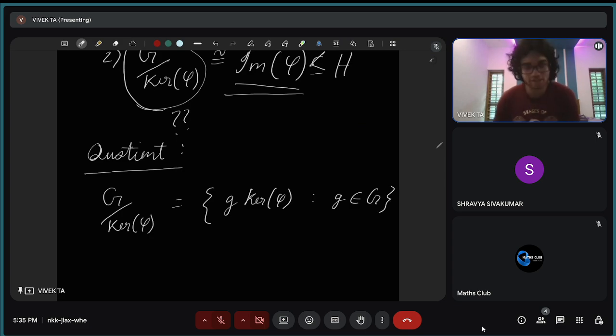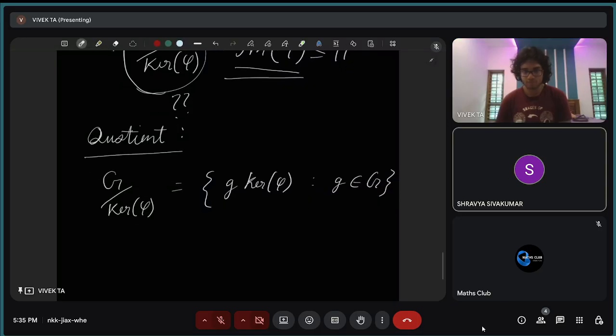So G mod kernel phi is essentially the set of all cosets of G with respect to the given set, which in this case happens to be the kernel. Do you understand?